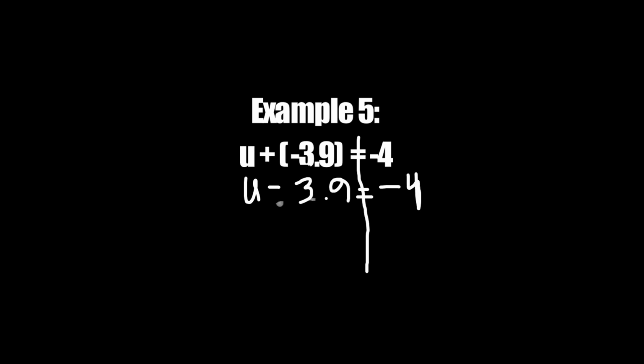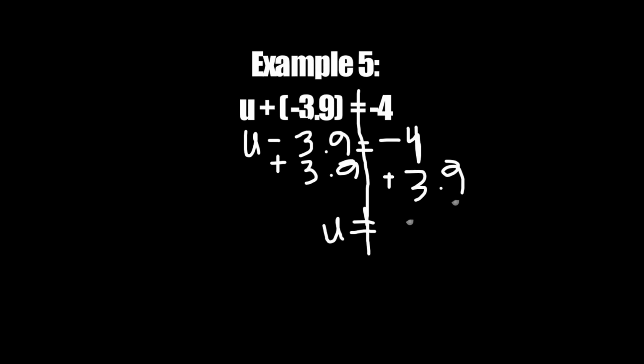Now the inverse of subtracting would be adding, so we would add 3.9 to both sides. And that would give us U equals negative 4 plus 3.9, which is negative 0.1.